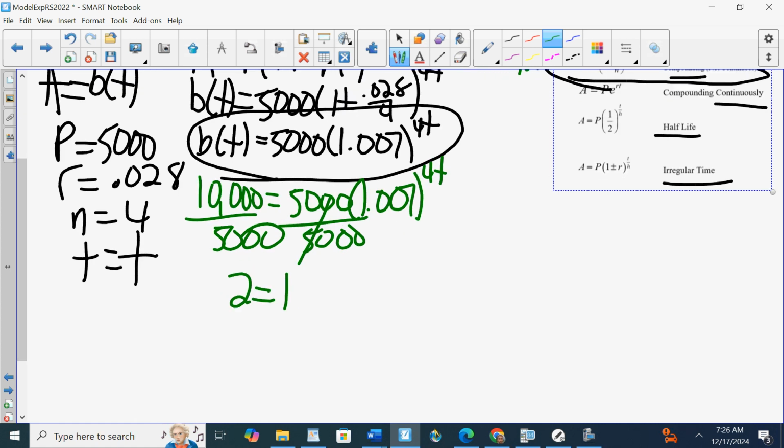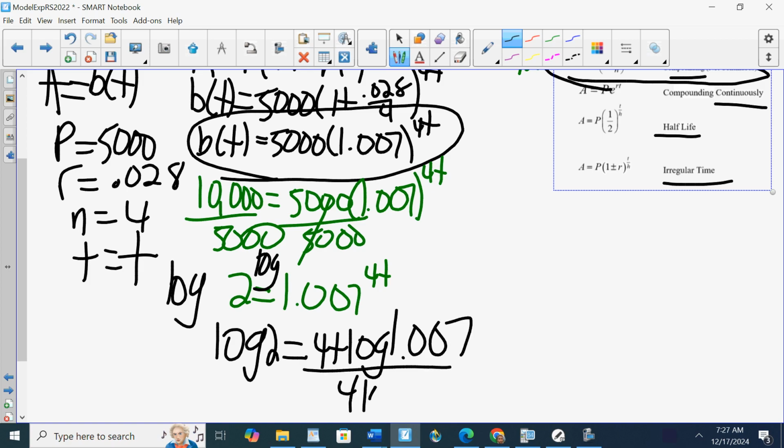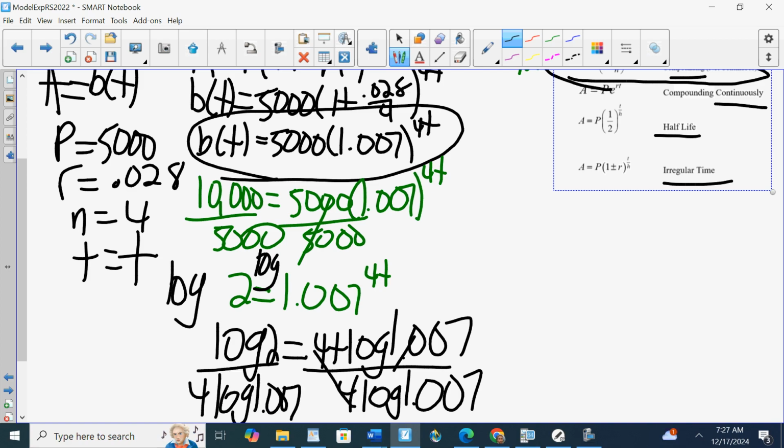2 equals 1.007 to the 4t. Now that I'm isolated, I do log of both sides, log of the left, log of the right. So I have log 2 equals, the exponent comes to the front, 4t log 1.007. One step from the end, divide by 4 log 1.007. Those cancel.